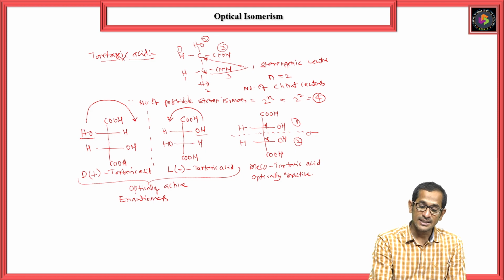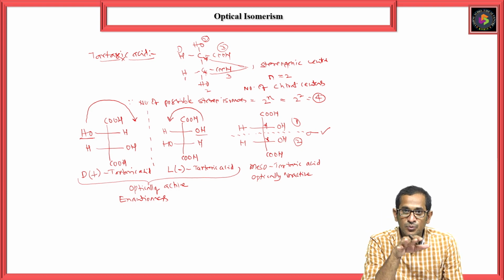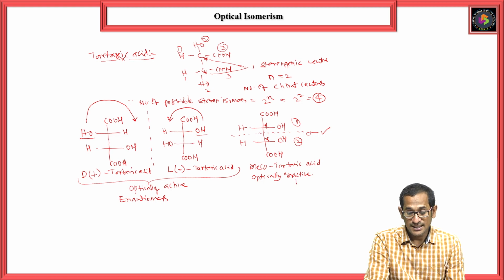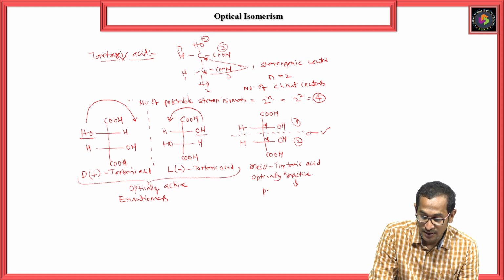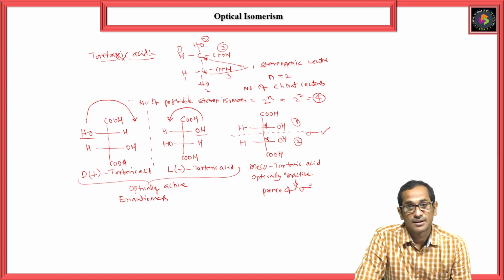So it indicates that a plane of symmetry is present. If a compound possesses a plane of symmetry, that compound is said to be optically inactive. So this isomer of the tartaric acid is optically inactive due to the presence of the plane of symmetry. The plane of symmetry is indicated with the sigma, right?